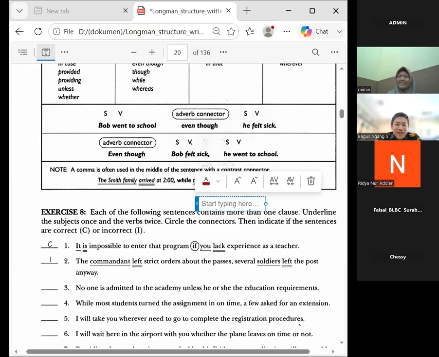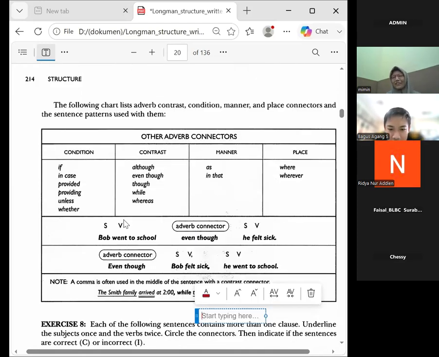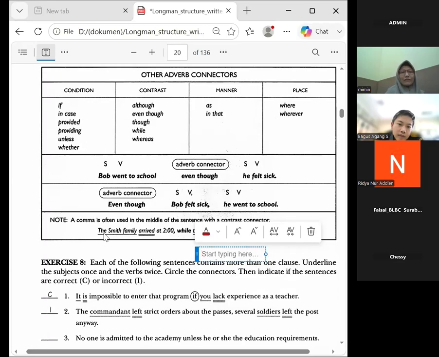Yeah. So please do. What's the difference between if and in case? If and in case. If it doesn't rain later, I will go out. Well, this is a conditional sentence, right?